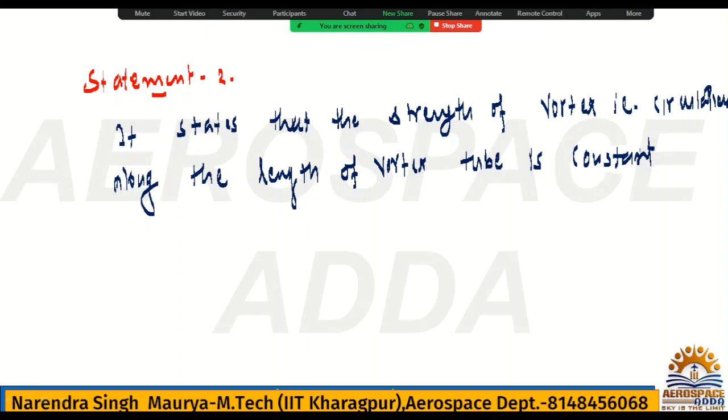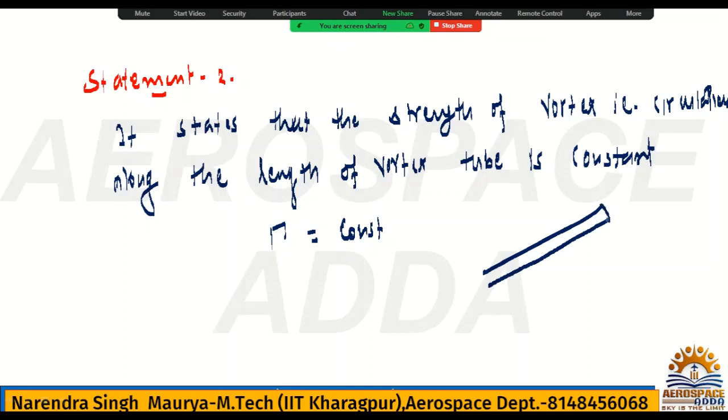What is said? It states that the strength of vortex, which is nothing but circulation, along the length of vortex tube is constant. Meaning is very clear. If I say this is the strength of vortex or circulation, this must be constant. Where? Along the length of vortex tube. This is the vortex tube. Just now I had drawn the vortex tube.